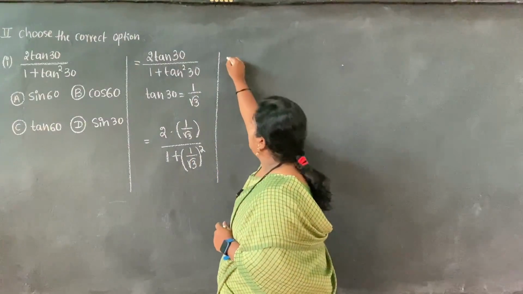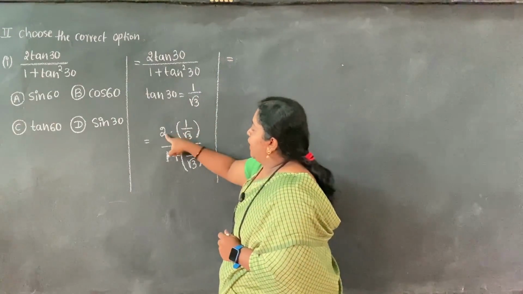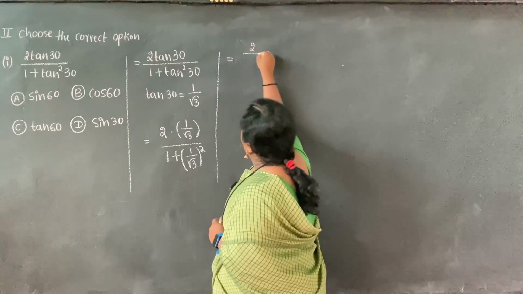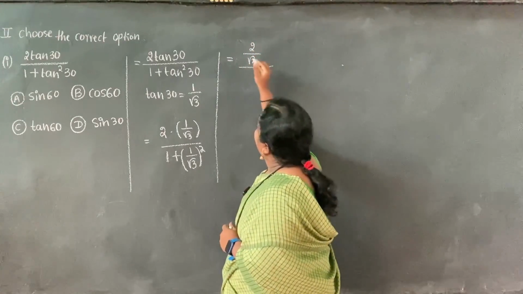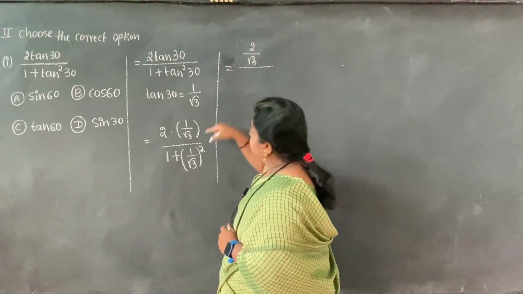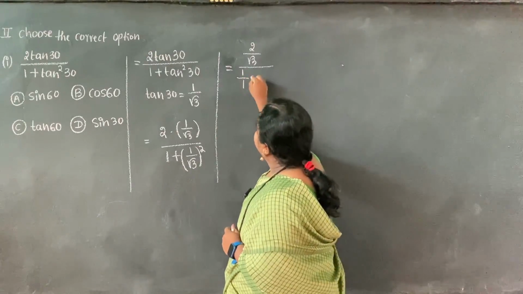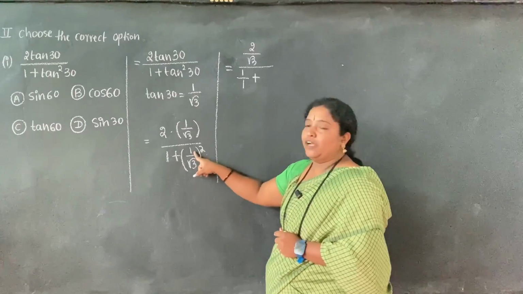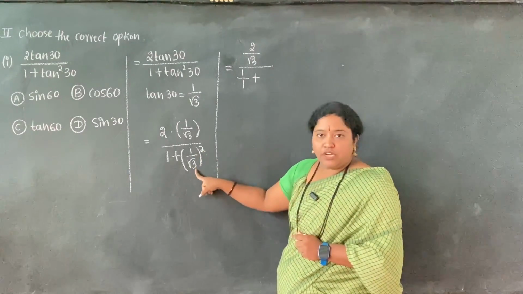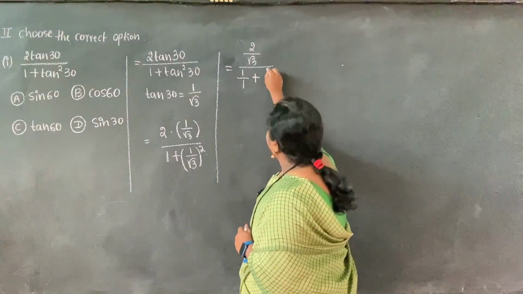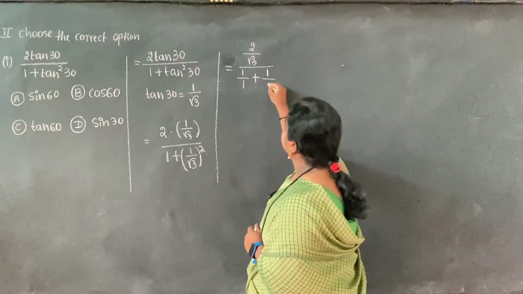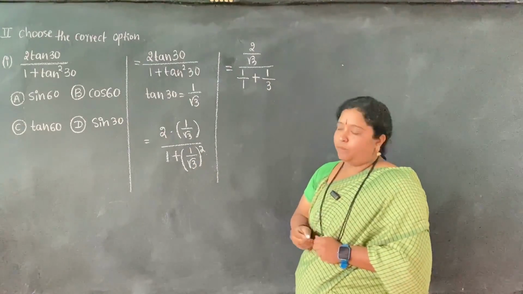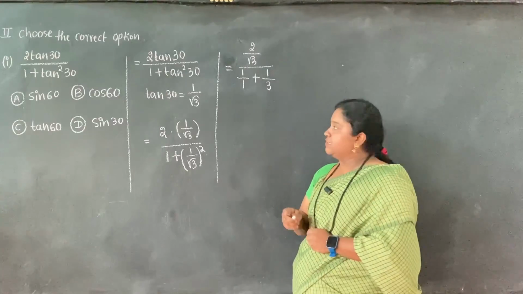Fine. Now dears, I told you how to multiply. 2 ones are 2 divided by root 3, whole divided by, what is there in the denominator part? 1 plus 1 by root 3 square, and the square is applied to both the numerator as well as the denominator. So 1 square will be 1 and root 3 square will become 3, because square and root cancel each other.